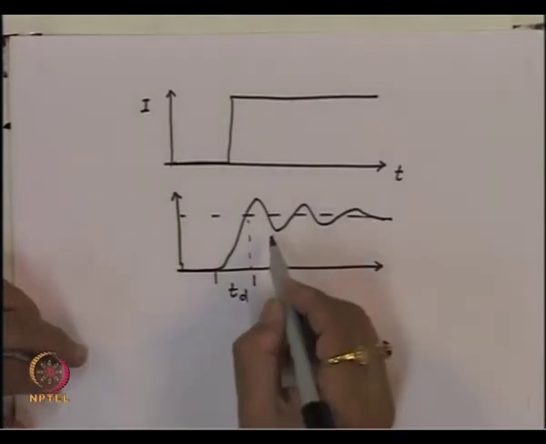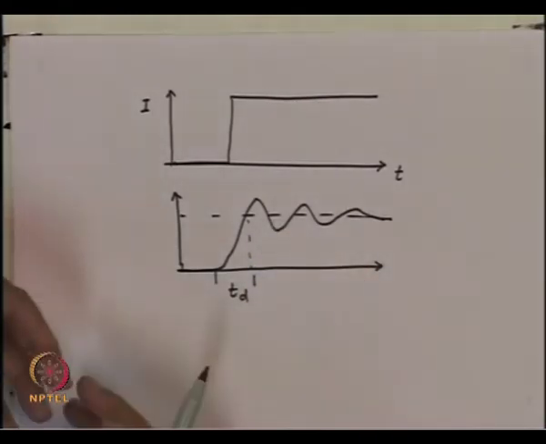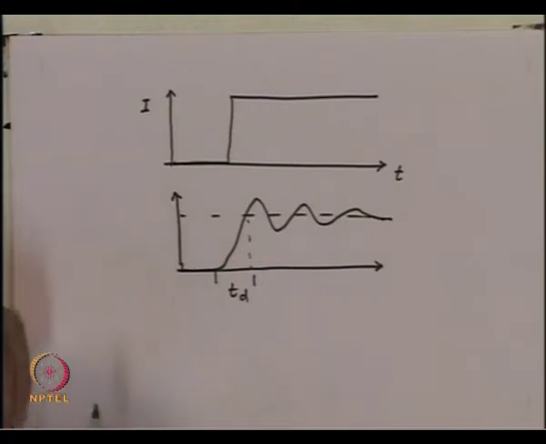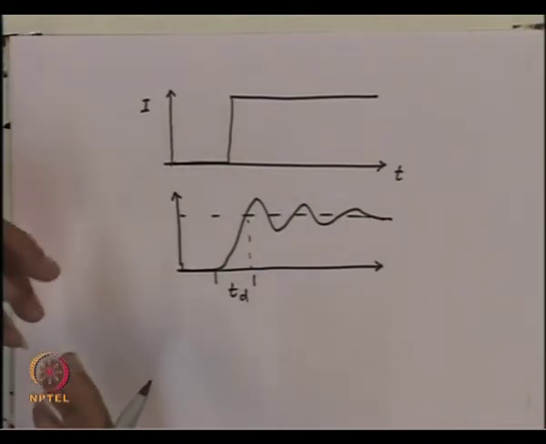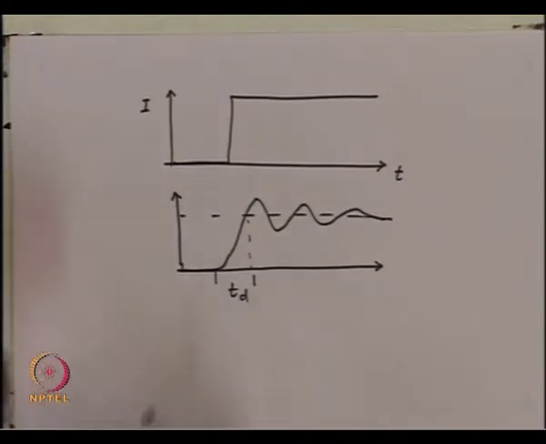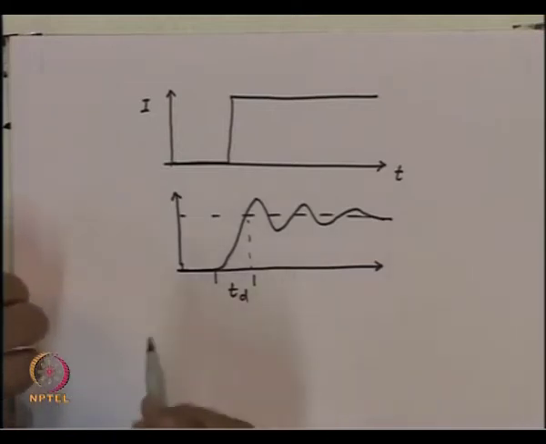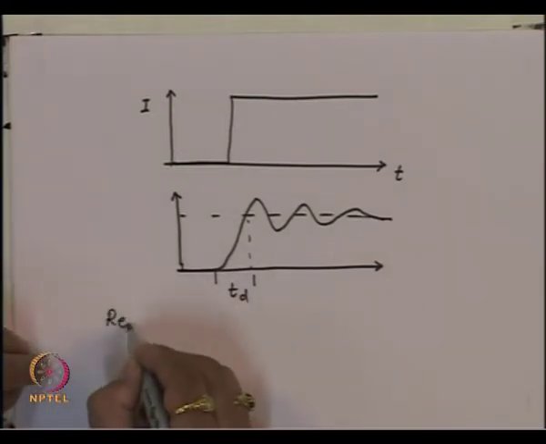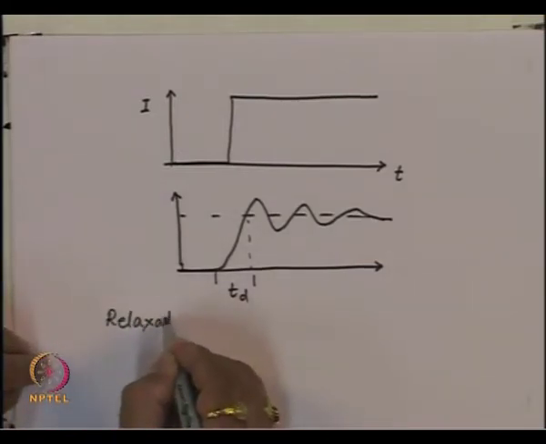Later on we will see that this contributes some kind of noise into the optical communication system, which will affect your system performance. So, this phenomenon is what is called the relaxation oscillation.